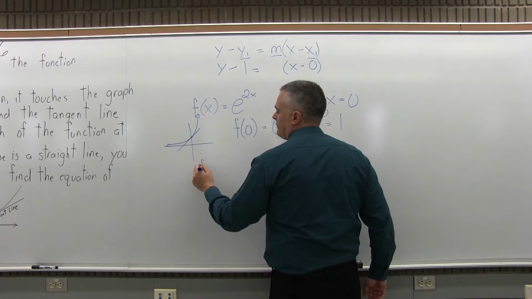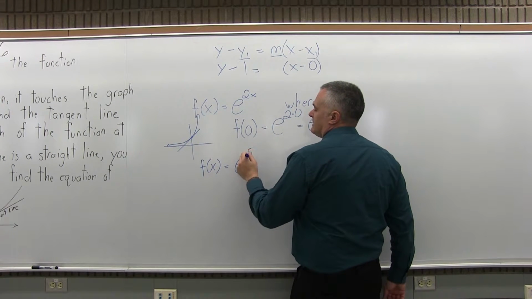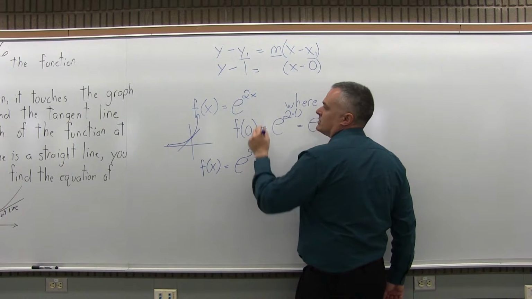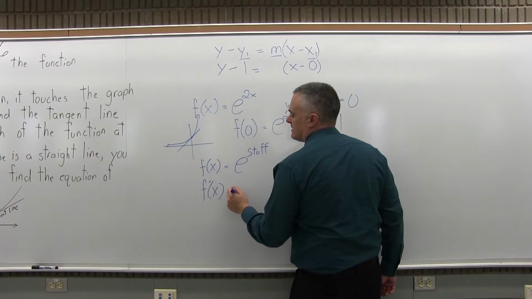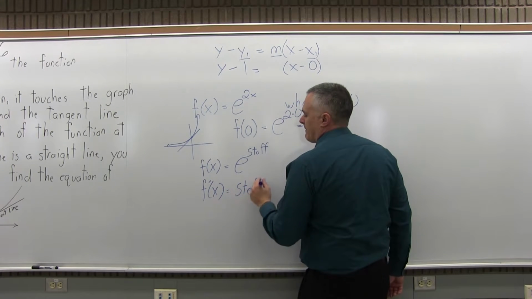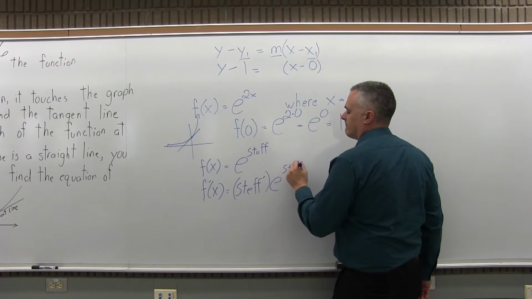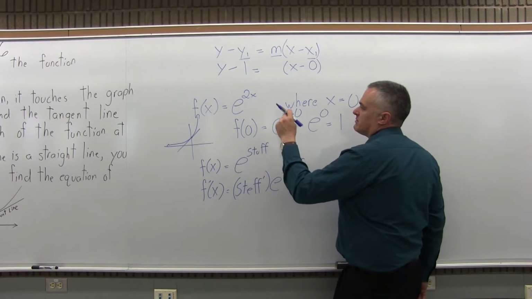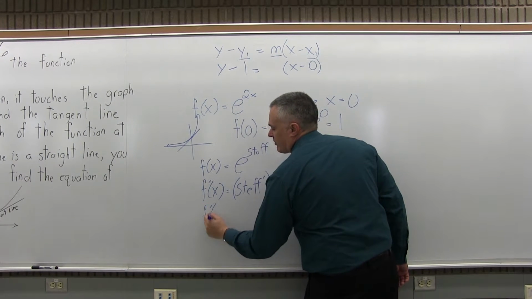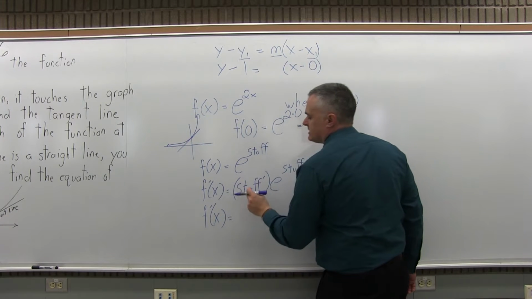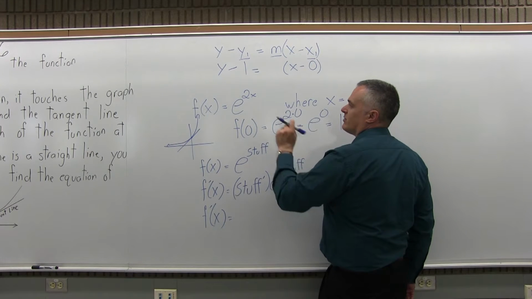So whenever my function f of x equals e to some stuff, which is what we have, the derivative f prime of x is stuff prime times e to the stuff. So for this particular function, f of x equals e to the 2x, f prime of x equals stuff prime times e to the stuff.